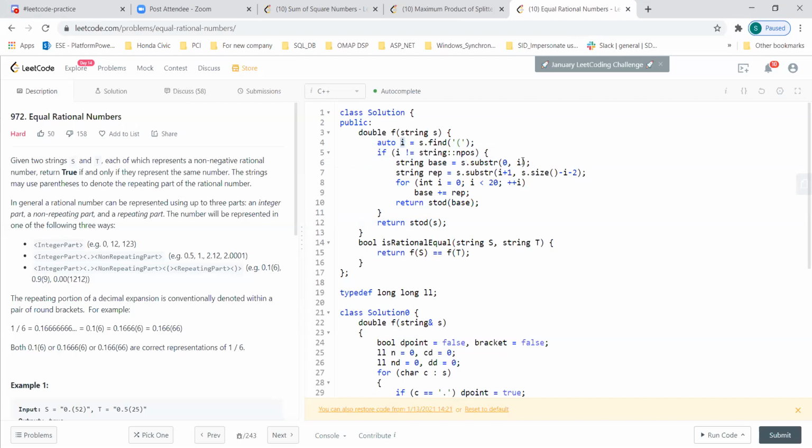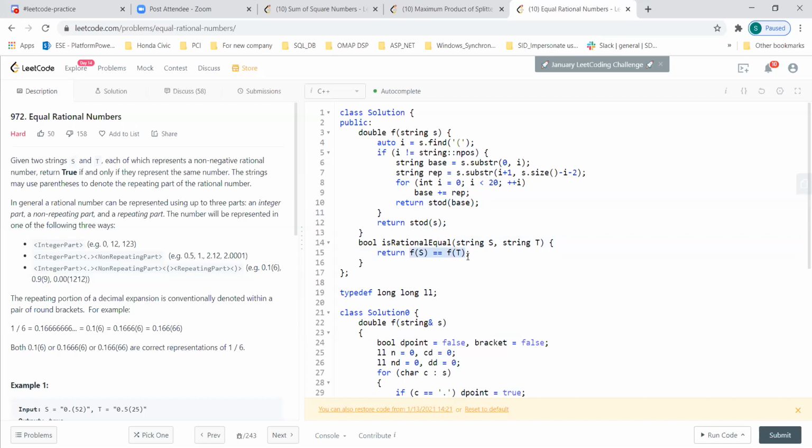When I find this, I extract two substrings: one is the base, and the other is the repeating part. Then I keep adding the repeating part to the base for 20 times, and pass it to this library function, the standard string to double conversion. Then I return that, and I do it for both of the strings, and it works.